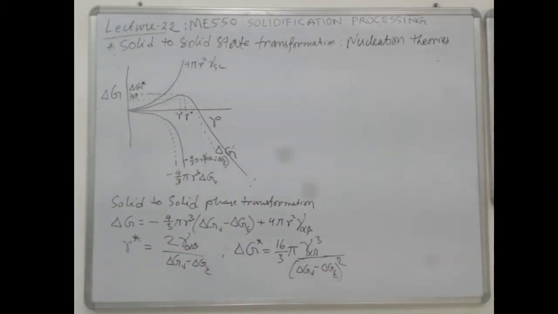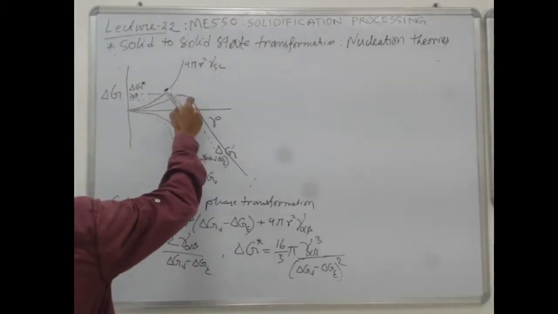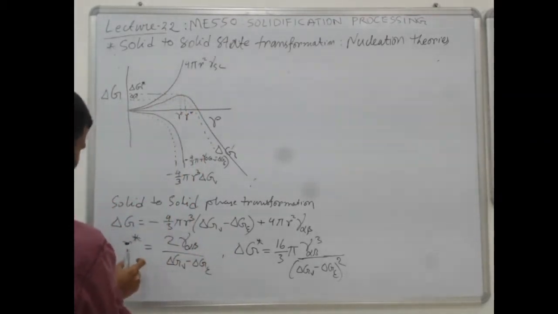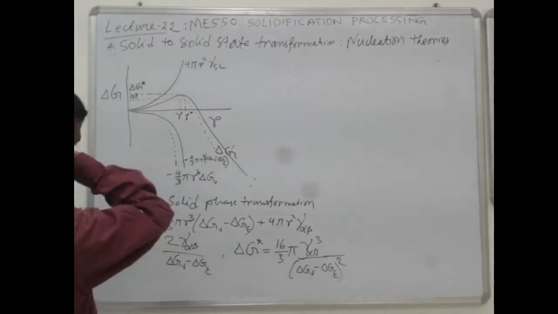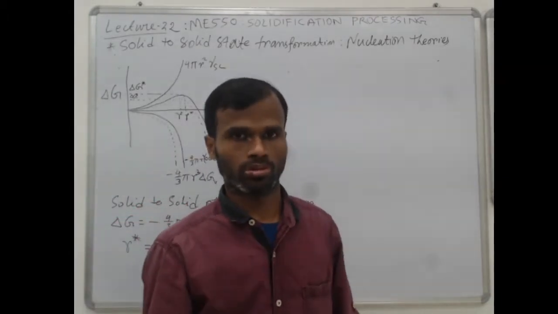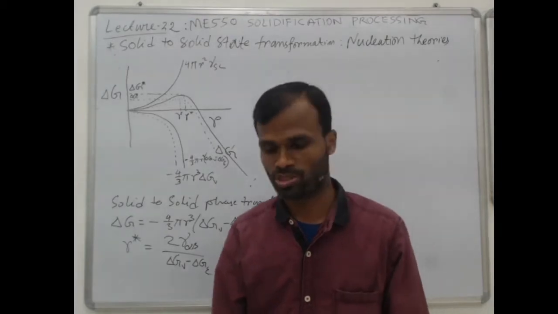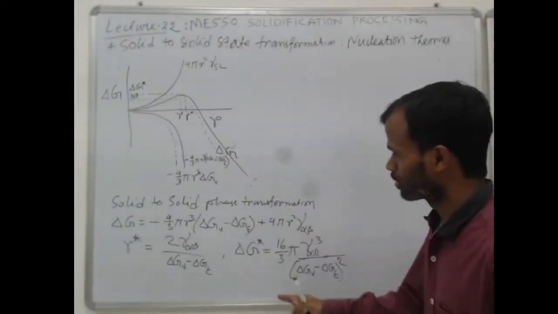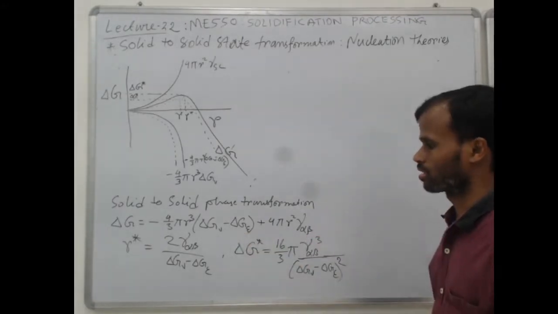And then we have seen that in the presence of this term, the critical free energy as well as the critical nucleus size both increase, so it becomes very difficult to nucleate a different phase into a solid phase material. But till now we have not explained what this delta G E term is.